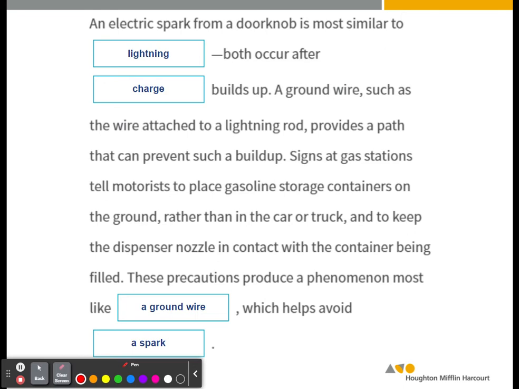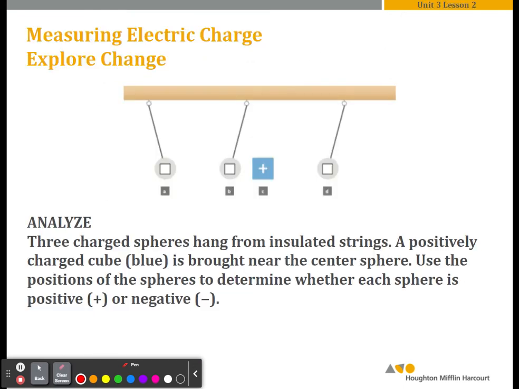So we take every precaution we can to ground everything around us when we're at a gas station. Built up charge can flow through air suddenly as a small spark or a large bolt of lightning. A ground wire or a connection of dispenser nozzle to container to ground provides a path for charge to flow without moving through air, causing a spark and possibly starting a fire or explosion.